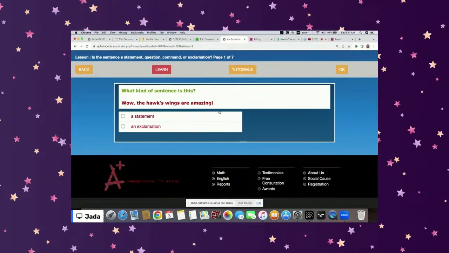Okay, so we say, wow, the hawk's wings are amazing. Now you guys send your answers, one or two. Okay, everyone, what's the answer to this one? What kind of sentence is it?